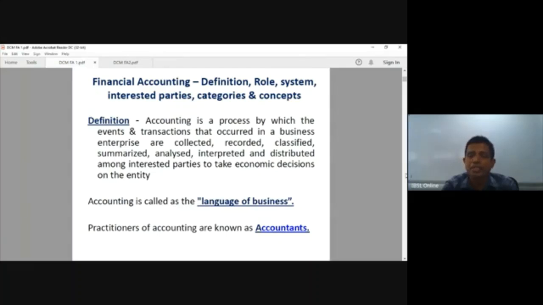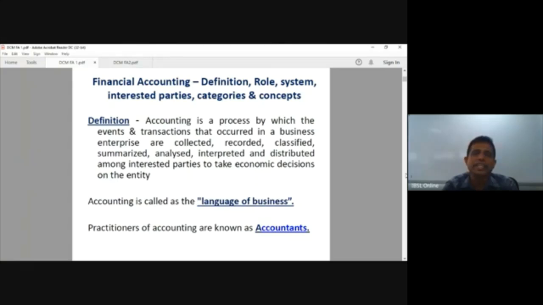Thereafter, you have to distribute among the decision makers, right? If the current accounts of a given bank increase or decrease, that information should go to the managing director, corporate management, maybe the board, to take decisions. If it is increasing or decreasing, you have to take corrective actions, right? Therefore, accounting is the process where all these facilities are provided. If there is no accounting, you cannot do business, even for a small entity like a grocery.